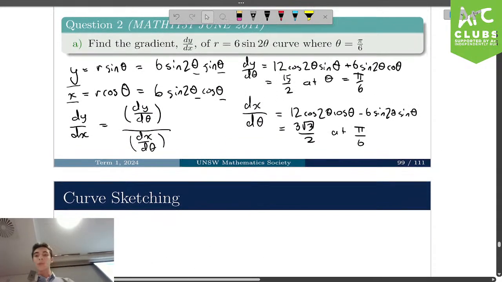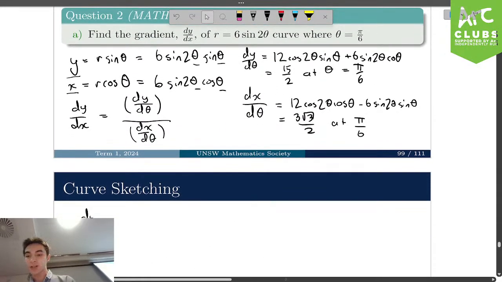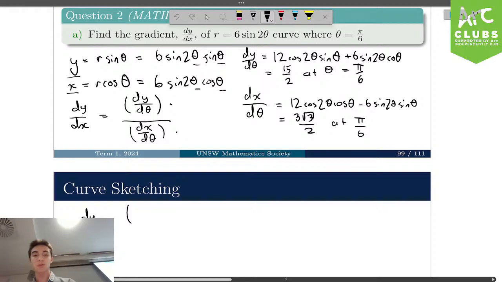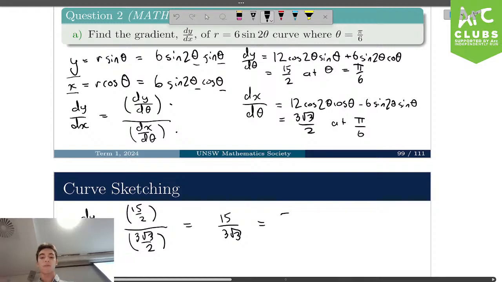So our fraction dy on dx is this over this, right? So let's substitute them in. 15 on 2 divided by 3 root 3 on 2, right? And that's equal to 15 over 3 root 3, 5 on root 3, 5 root 3 over 3.